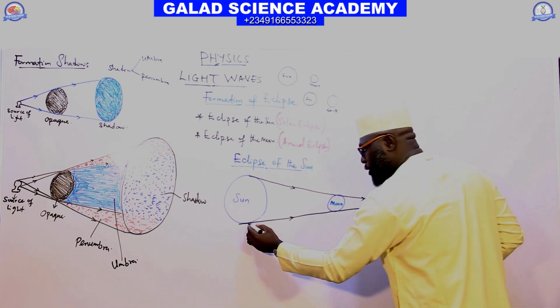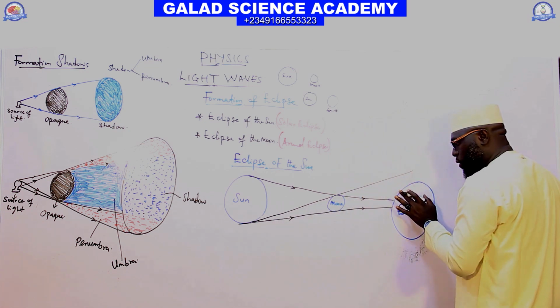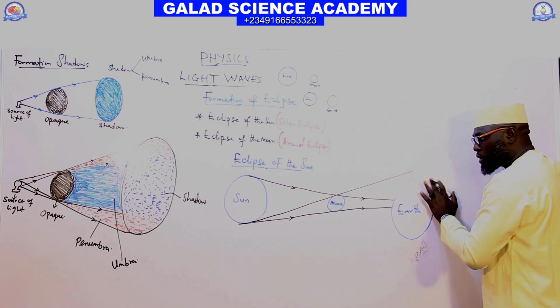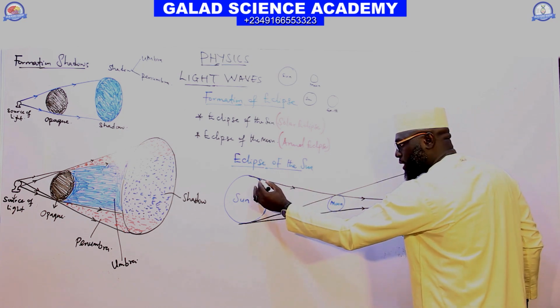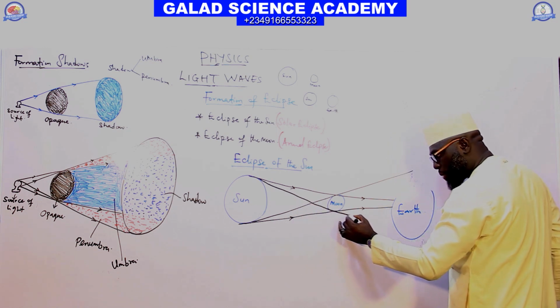And the second one, the line will come like this. So I need to withdraw this one to make it big. The other one will come like this too, pass through the moon.